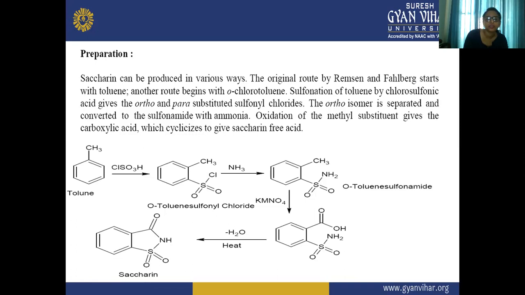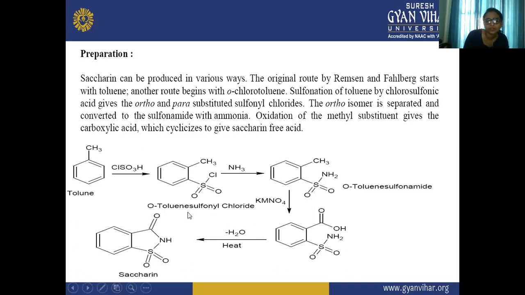So here you can see when toluene is reacting with chlorosulfonic acid, then it is giving o-toluene sulfonyl chloride. And when it again is reacting with ammonia, then o-toluene sulfonamide is formed.